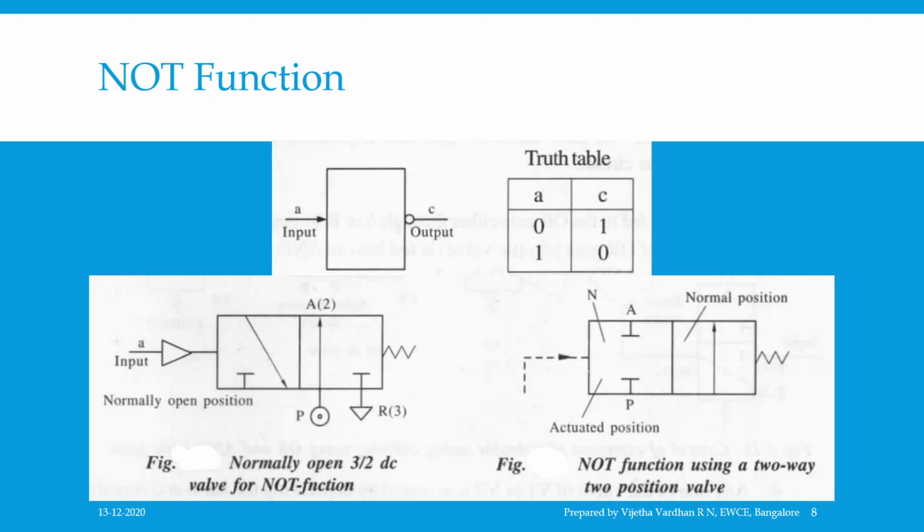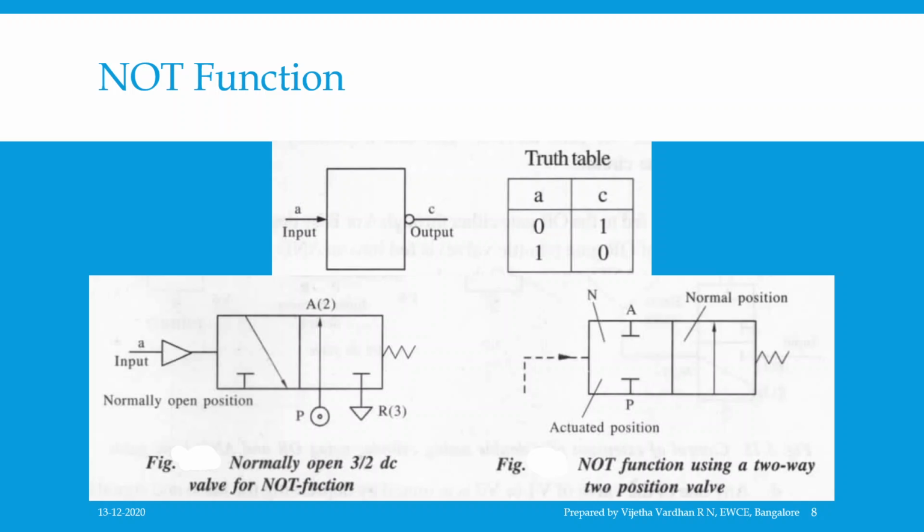That is, when there is no signal at A, there will be an output at port 2 of the valve. When the signal exists, the valve is brought to the closed position, thereby the port P is closed, blocking the passage and connecting the ports 2 and R3. Thus, no output takes place when there is signal at A.